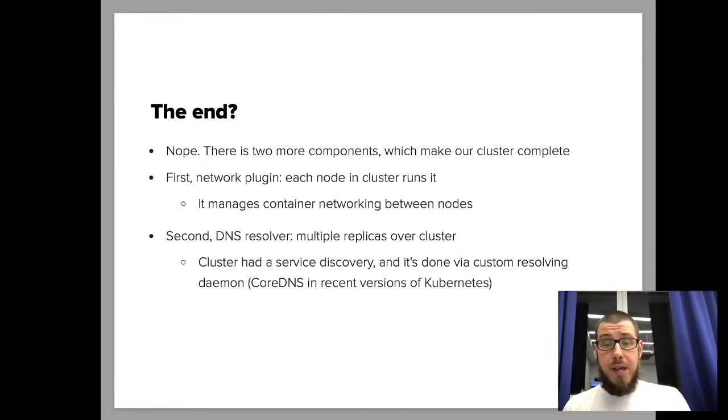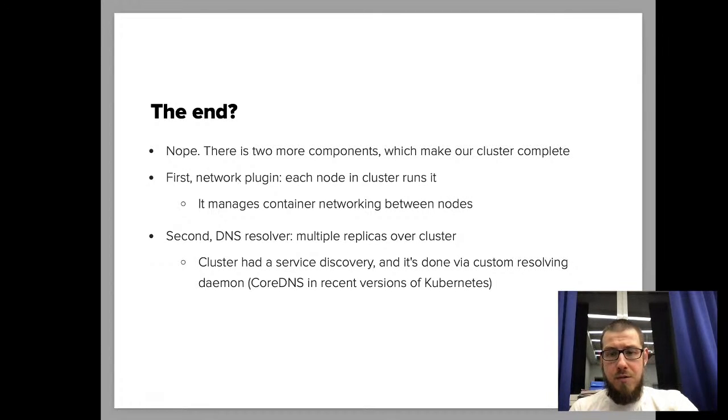Is this the end of the architecture? Well, in fact, no. There are still two components which make our cluster complete. We'll have a look at them a little bit later in the second part. But first is a network plugin. It should run on each node in the cluster, and the network plugin manages container networking between nodes. And the second thing to consider is a DNS resolver, with multiple replicas of it over the cluster.